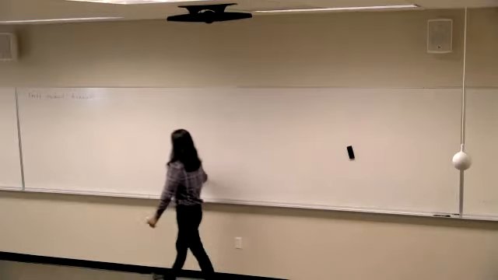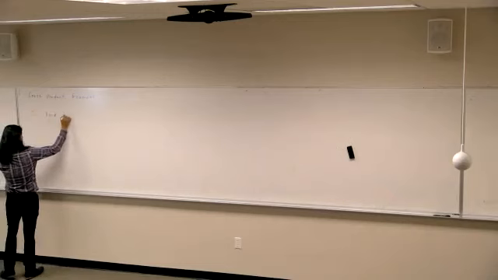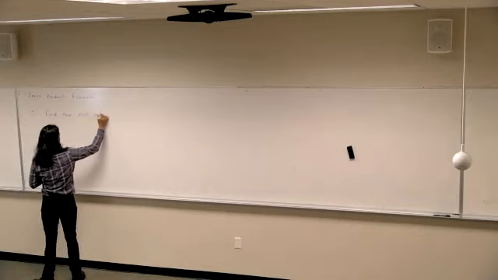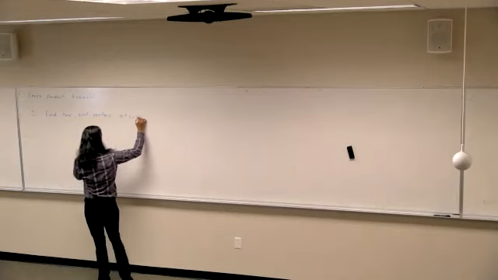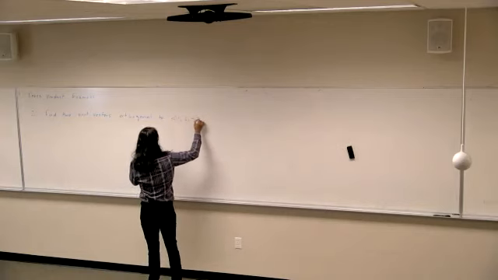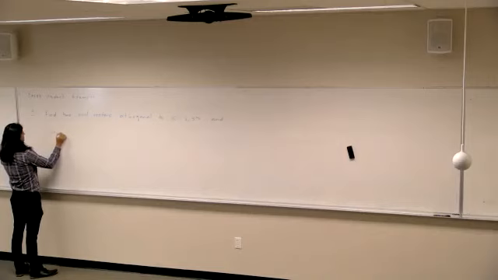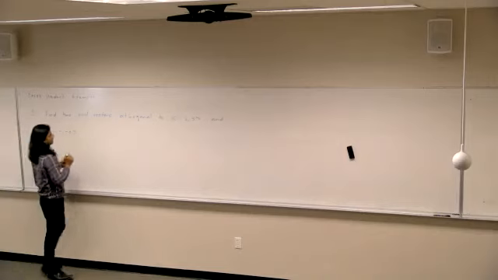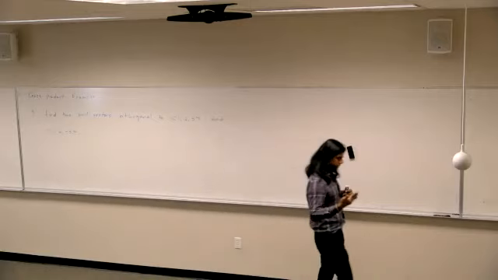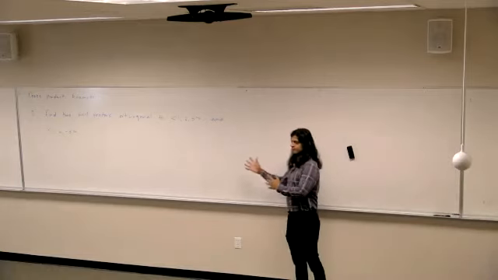Here's another example. So we want to find 2 unit vectors that are orthogonal to the vectors 1, 2, 5 and 1, 4, -3.